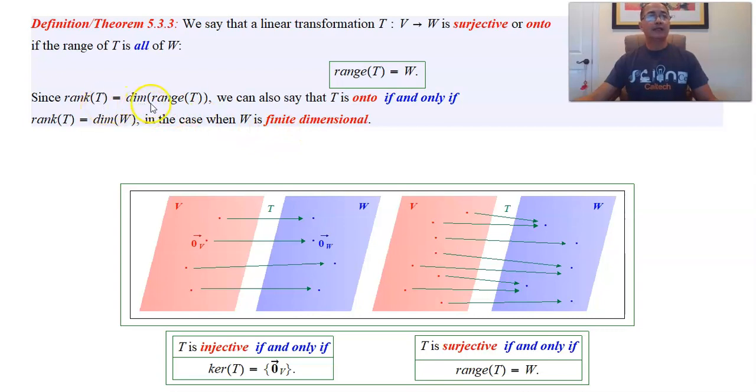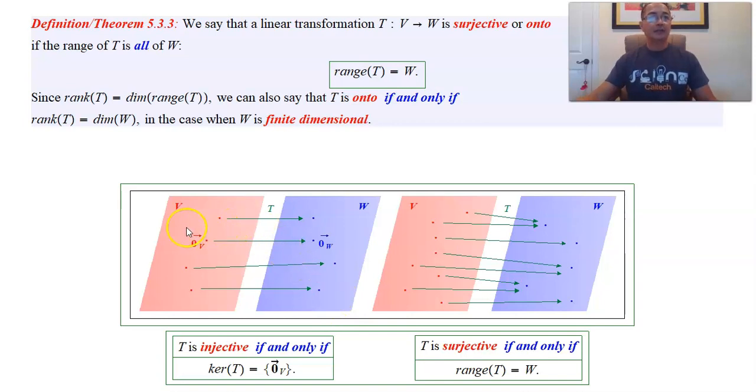Since the rank of T is the dimension of the range of T, we can also say that T is onto if and only if the rank of T is the dimension of W, when W is known to be finite dimensional. Alright, so this diagram summarizes those two definitions and the theorem.